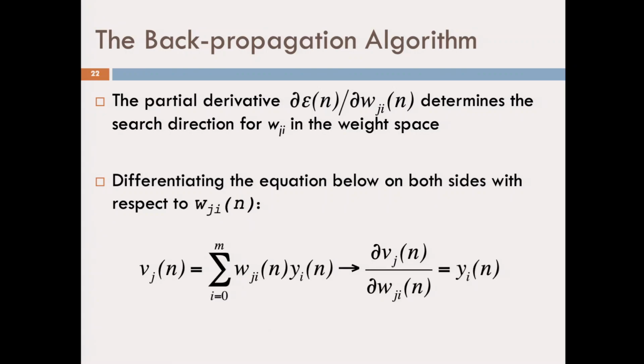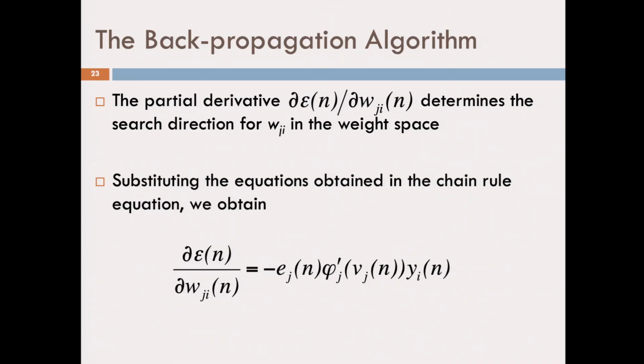Now the activation potential is just a summation of weights times inputs of the neuron. Differentiating with respect to W, only the Y remains, the rest disappears. So we have the error, a minus sign, the derivative of the activation function, and the signal going into the input of the neuron.